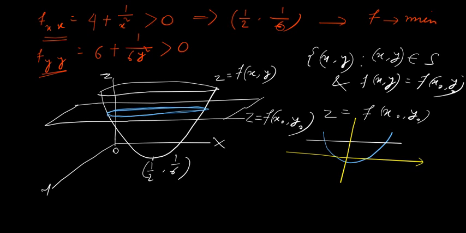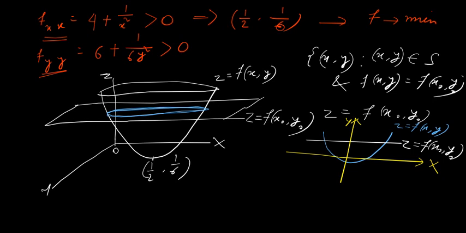This is the x-axis and y-axis, the graph is z equals f(x, y), and the white straight line is the plane z equals f(x0, y0).